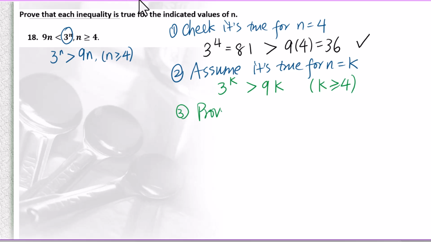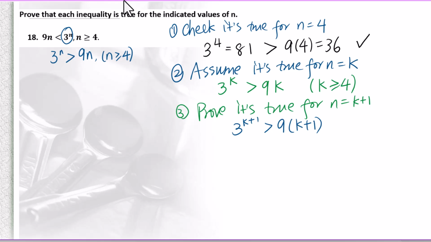We want to prove it's true for n equals k plus 1, which is 3 to the power of k plus 1 greater than 9 times k plus 1 for k greater than or equal to 4. We will prove from left side to the right side. 3 to the power of k plus 1 equals.